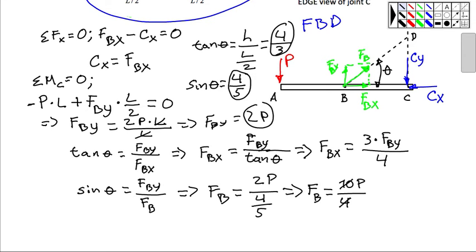Then we can simplify and get Fb is equal to 5 times P over 2. Now we have Fb.